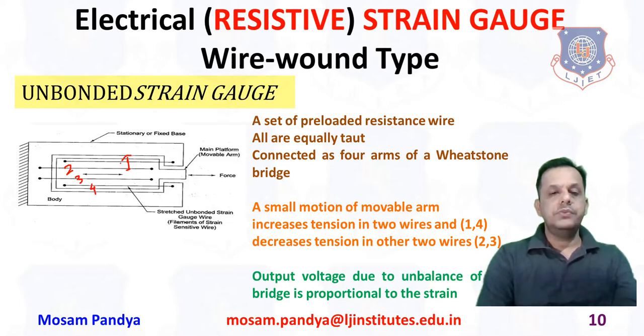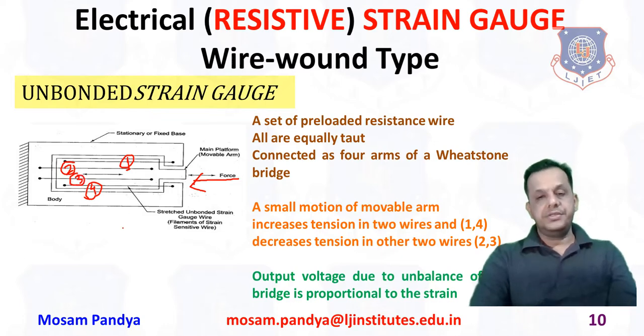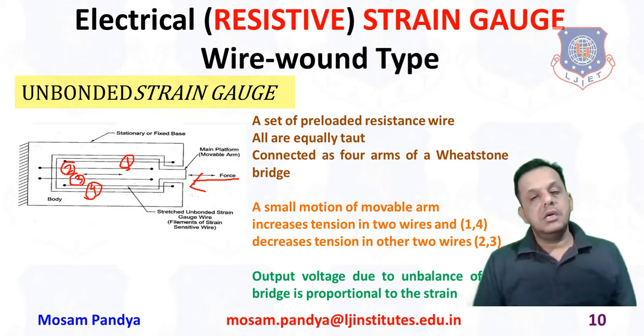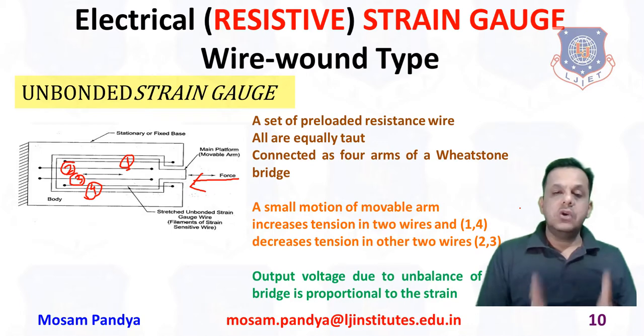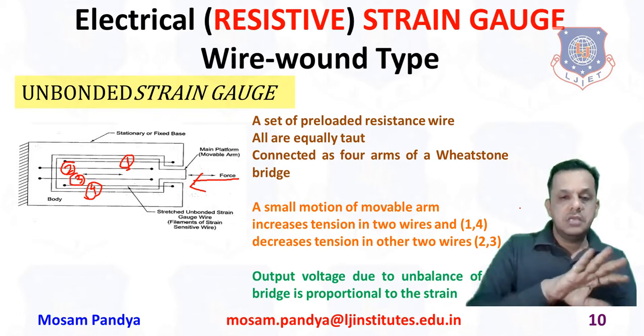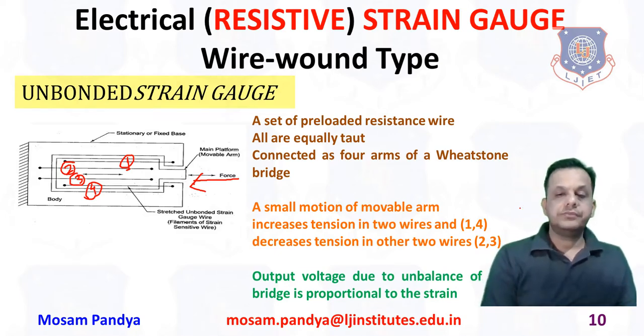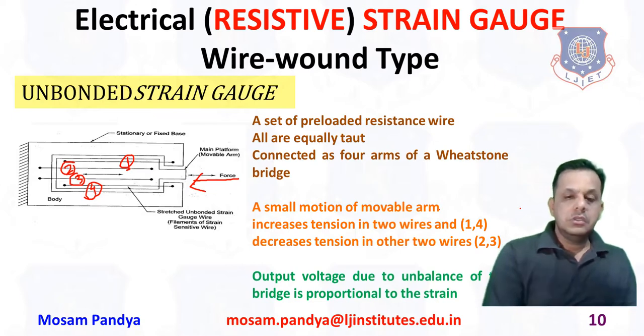So the first and 4th will be stretched with the application of force in the shown direction, and number 2 and number 3 will be compressed, or the tension will decrease in them. Now what will happen? As usual, our Wheatstone bridge will be unbalanced, and that unbalanced output voltage will be calibrated in terms of the displacement, which is actually due to the strain. So let us go ahead.